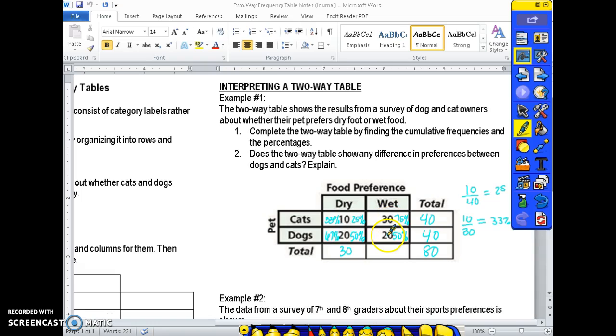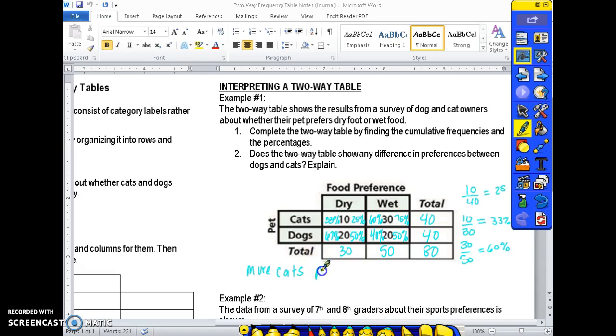And 30 plus 20 is 50 total that prefer wet food. 30 out of 50 is 60%. You just divide those numbers, which leaves 20 out of 50 is 40%. And so what does this tell us? This tells us that there's 60% of cats that prefer wet and only 40% of dogs that prefer wet.